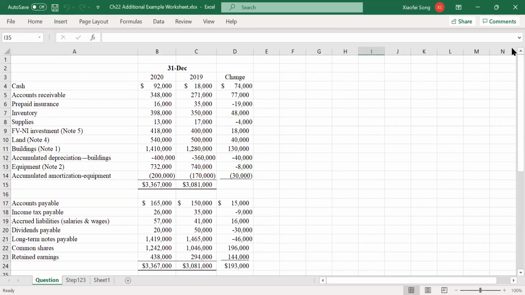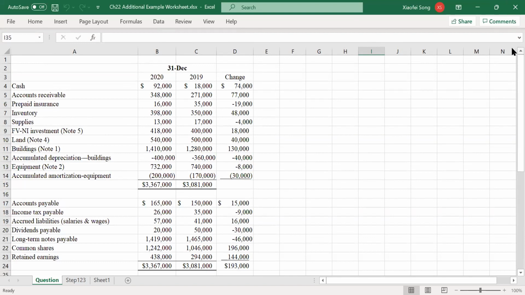We talk about the 4-step approach to prepare the statement of cash flow, but before we start the 4 steps, we always look at the changes in the balance sheet and analyze what caused each change. Remember, the statement of cash flow and the statement of financial position are so closely related.